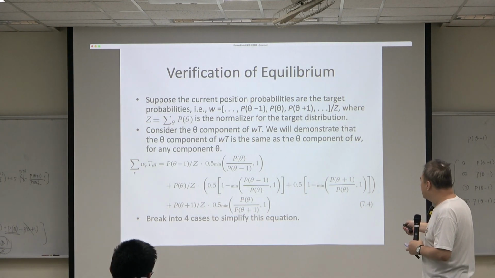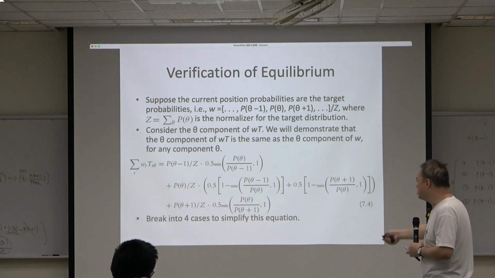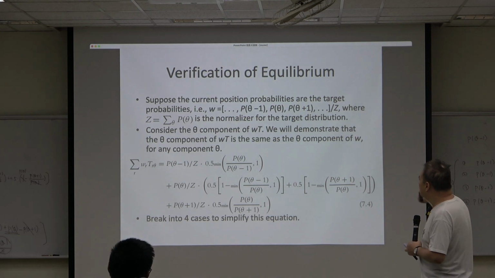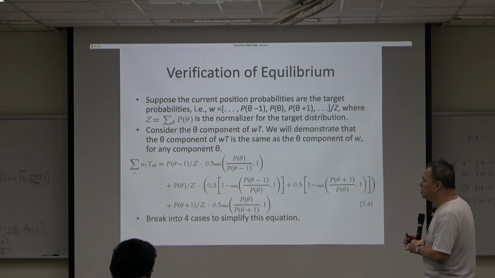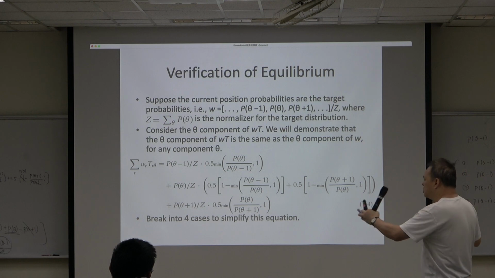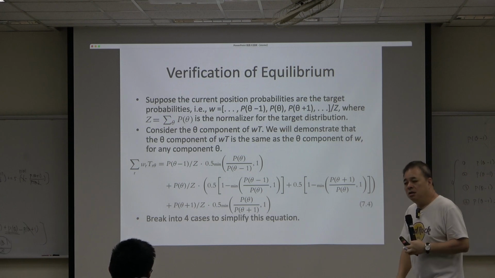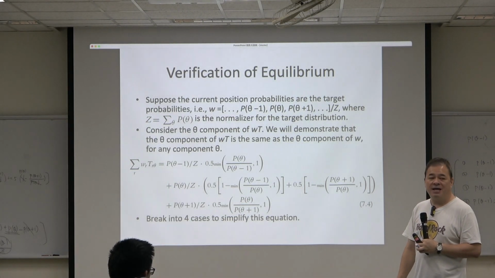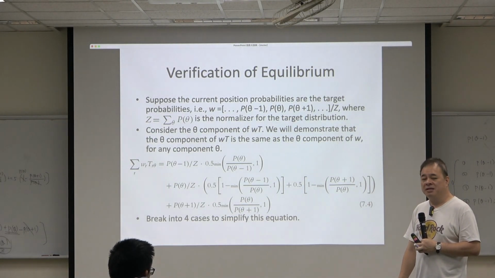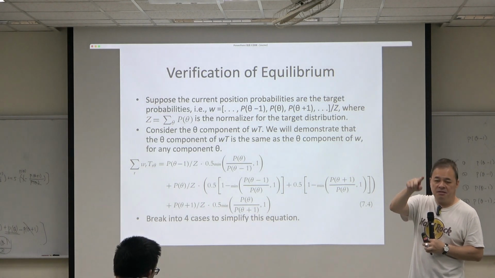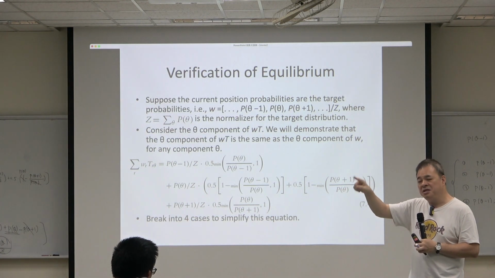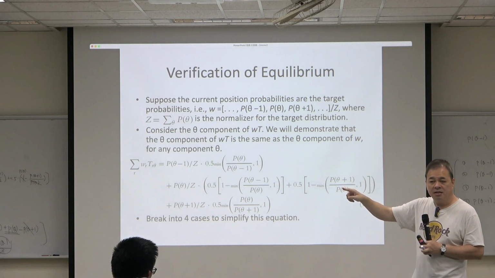Okay, so this derivation basically tells us that this W, this probability distribution, is a stabilizing vector, meaning V multiplied by this matrix, let's call that matrix M, is going to be V again.